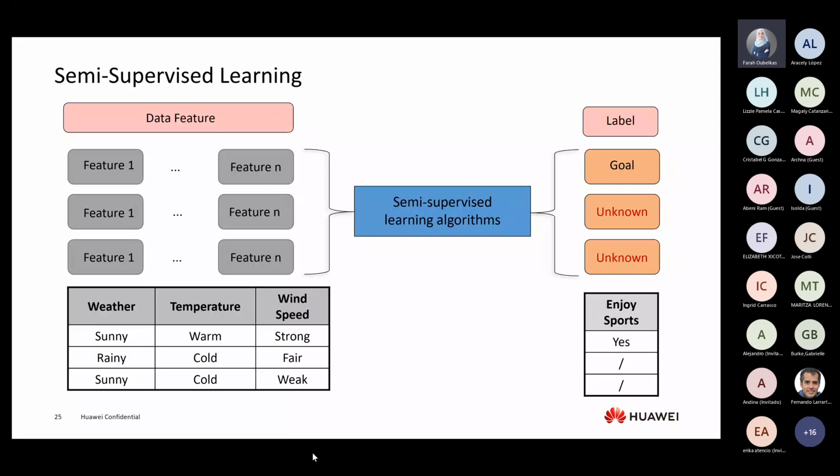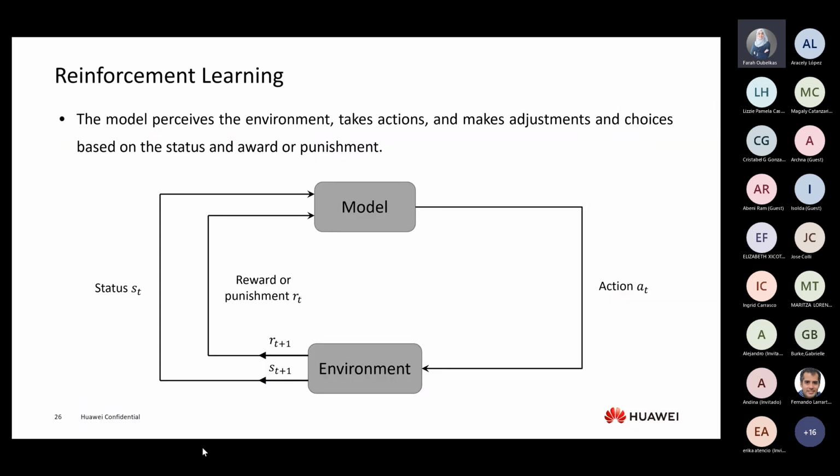Now let's move on. Reinforcement learning. Can you give me a definition of reinforcement learning? We do it after the supervised learning. Yes, in what sense? Can you give me an example?